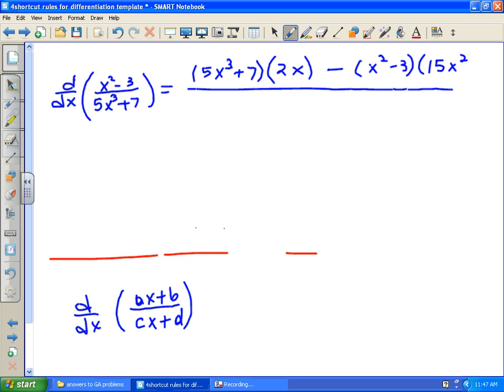Notice the 7 disappears because the derivative of a constant is 0. The bottom should be the existing denominator quantity to the second power.